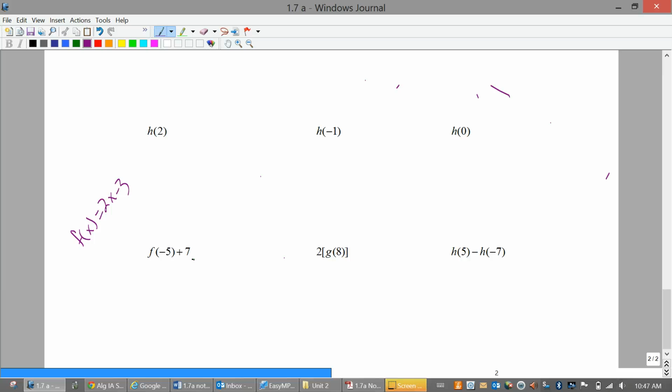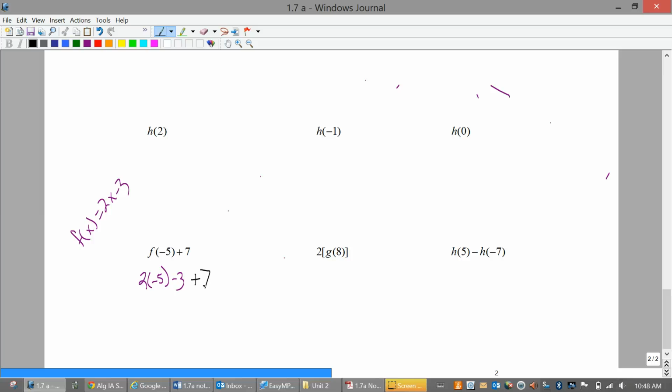So we're going to use function machine f on -5, and then afterwards we're going to add 7. Okay? So we're going to say function machine f takes -5, multiplies it by 2, and minuses 3, right? But to show our appropriate work, just so we don't get lost, we're going to drop that plus 7, so we say this is what happens afterwards.